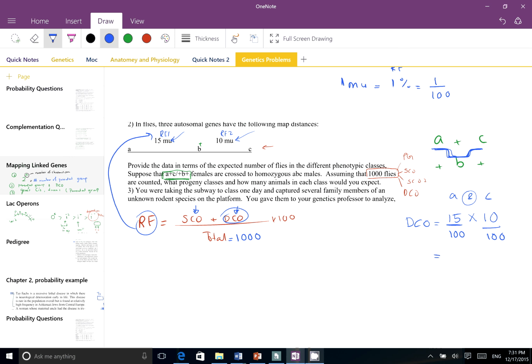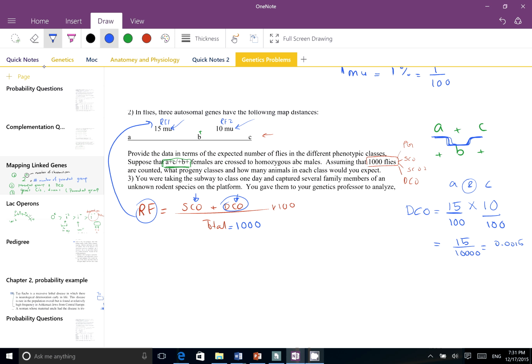Your answer would be 0.0015. Why do I have a feeling I did something wrong? No, that's right, 0.0015. So that's your frequency.